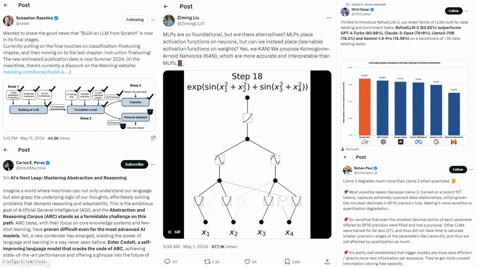On the right hand side, we can see now we have more and more better performing models, or equally or similarly performing models. And about LLaMA 3 on the right lower side, I want to mention that I see different posts about LLaMA 3 capturing very nuanced information because its training dataset is so large.